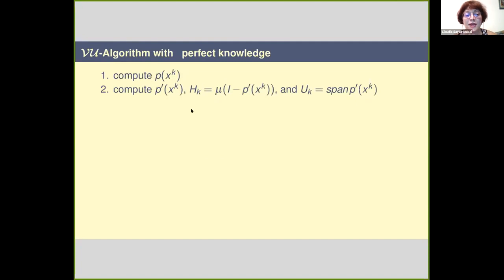This is like the gradient: the Hessian of the Moreau-Yosida regularization is mu times the identity minus the derivative of the prox. The subspace of smoothness that we are looking for is spanned by this Jacobian. And then, continuing with the perfect knowledge, we will project 0 onto the subdifferential of the function at the proximal point.